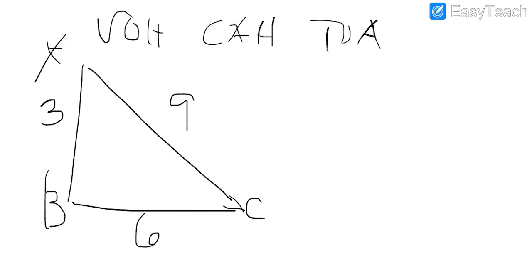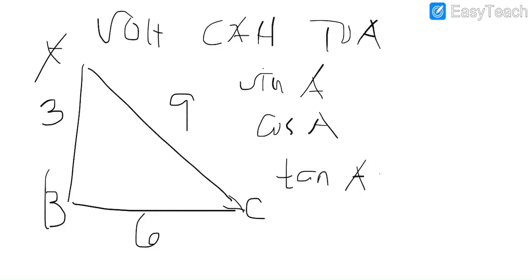Assume that from A to B, the measure is 3. From B to C, the measure is 6. And from A to C, the measure is 9. Now let's try to look for the ratios of the sine of A, the cosine of A, and the tangent of A.